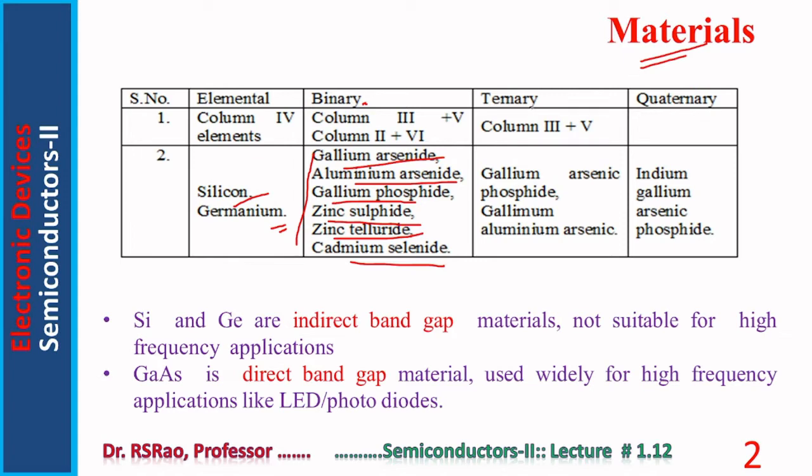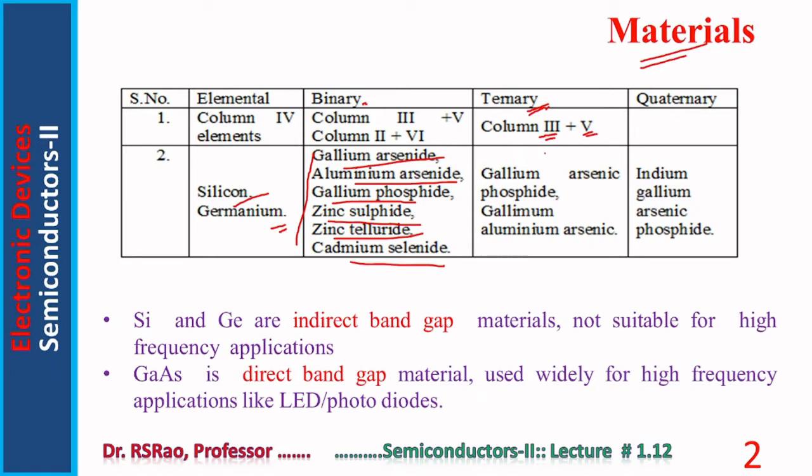Another type of materials, ternary semiconductor composite materials. They are also used in the fabrication of semiconductor electronic devices. These ternary materials are formed out of elements that are there in column 3 and column 5 of the periodic table.